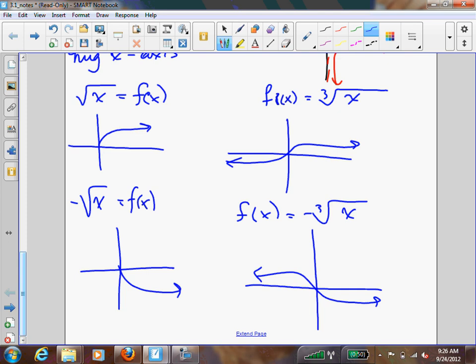And I didn't say this before, but cubes and cubics have something called the point of inflection, where the graph turns. Inflection. It doesn't have an infection, it has an inflection.